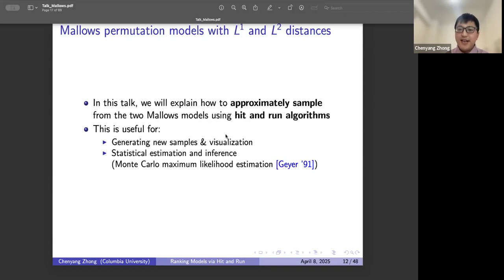With the help of those hit and run algorithms, we can use Monte Carlo maximum likelihood estimation introduced by Geyer to perform such estimation and inference tasks. Since, as we are going to see later, we have mixing time guarantees for those hit and run algorithms, this would also allow us to have statistical guarantees on the application of Monte Carlo MLE in this context.